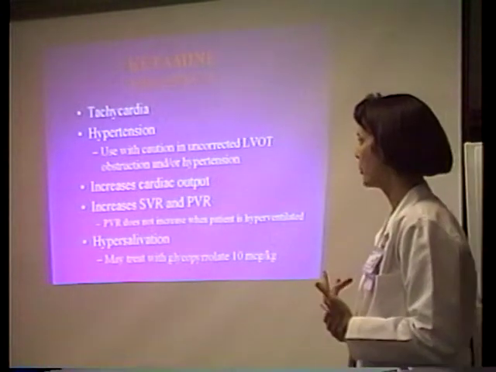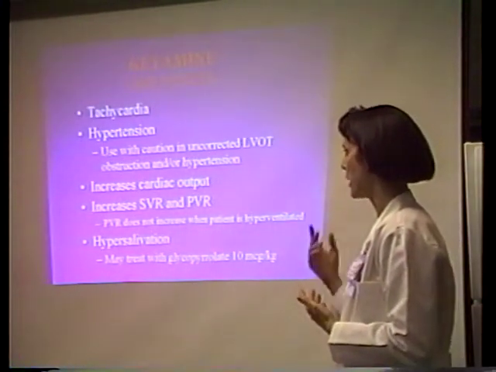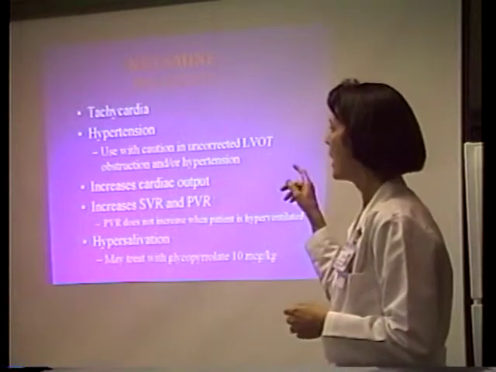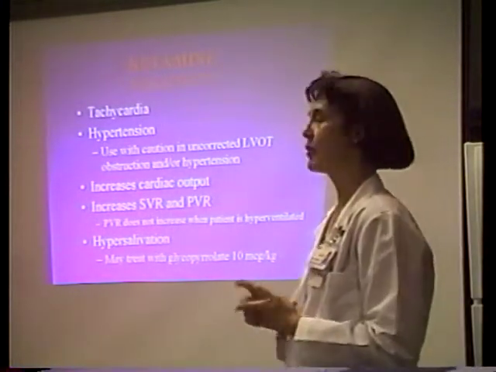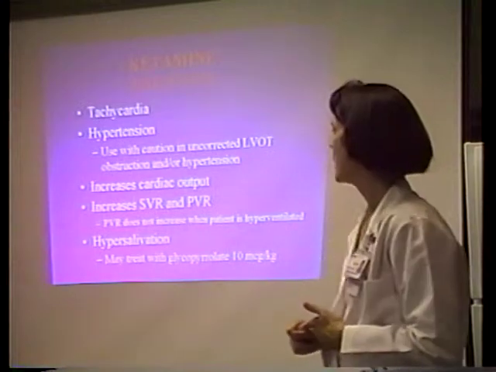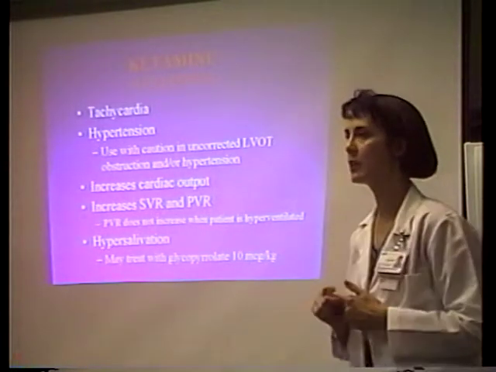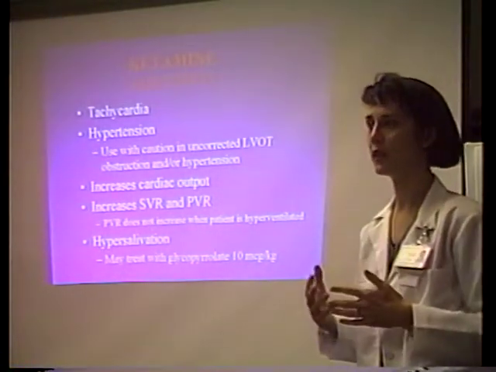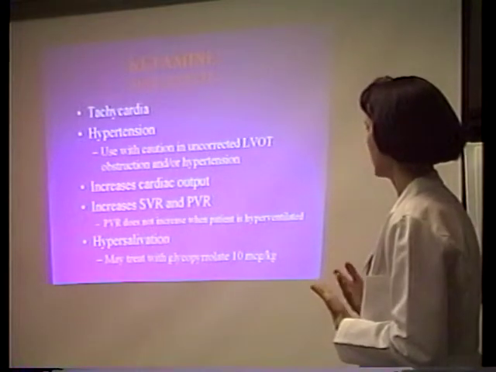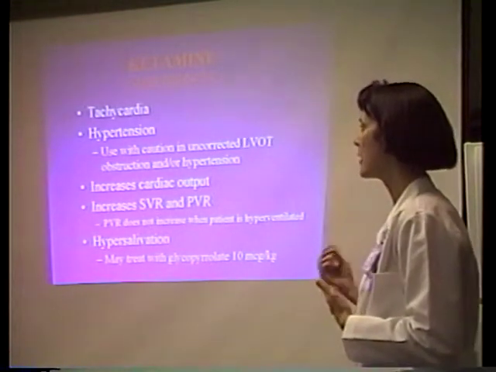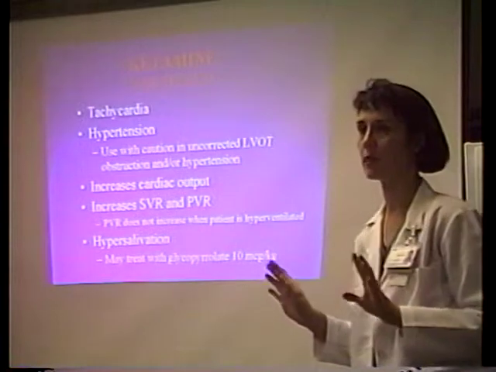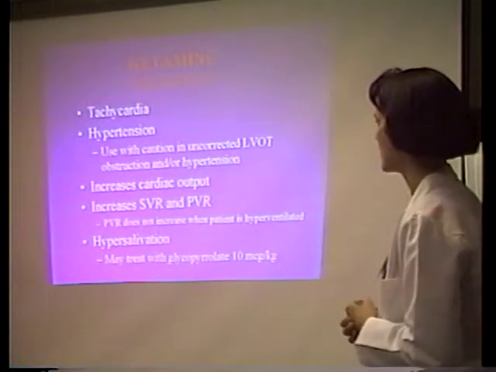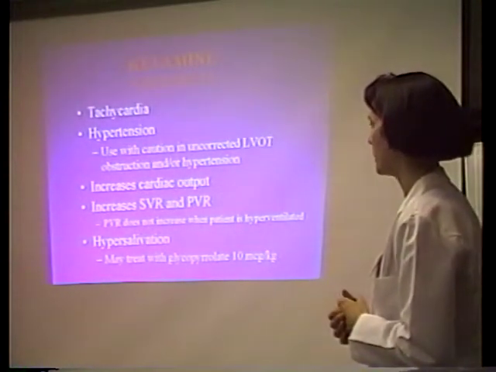It increases cardiac output, another plus. The increase in SVR is obviously helpful. The increase in PVR in patients that are being ventilated can be countered by hyperventilating and blowing off some of that CO2, so the increase in PVR isn't appreciable. So it's fine to use in patients where we're worried about PVR, because they're all going to be mechanically ventilated.